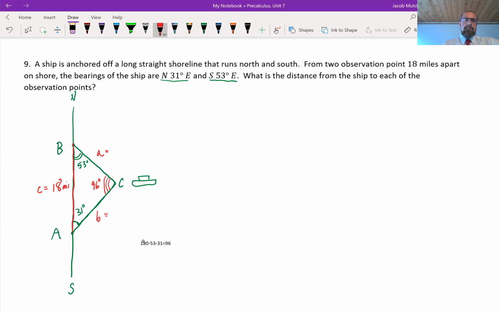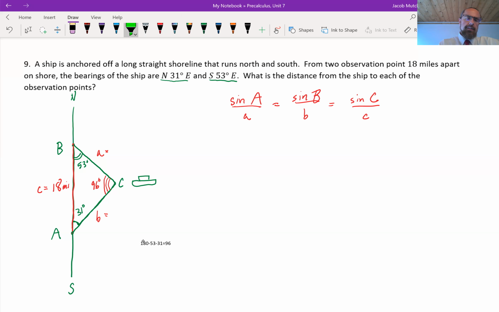Now, if I want to find two side lengths that are missing, and I have one of the side lengths and three angle measures, I can use the law of sines. So remember what the law of sines says. It says that if I've got a ratio, sine of angle A divided by the length of side A, it will equal sine of angle B divided by side B, which in turn will equal sine of angle C over side C. So I want to choose one of these first that has both parts, both the angle and the side.